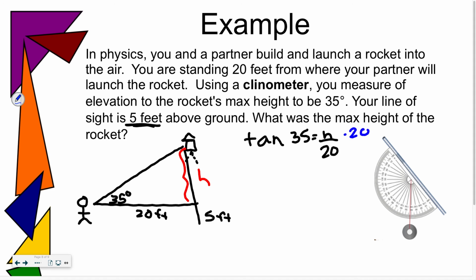We can just multiply both sides by that denominator of 20. So I get something like 20 times tangent 35, about 14. So that's this height here, but the actual height of my rocket would have been 19, plus the 5 extra because my eye level is above the ground. So the actual max height of my rocket is 19 feet.